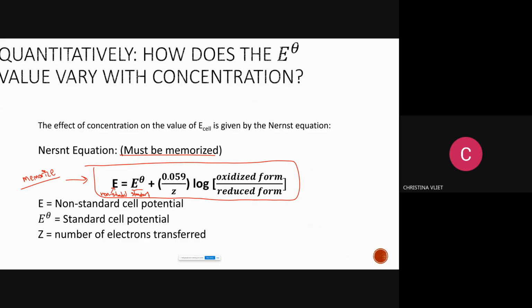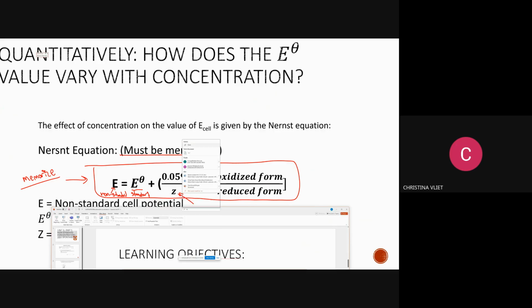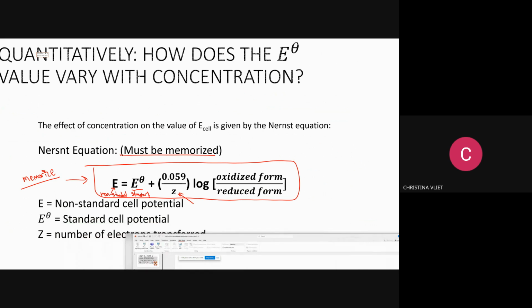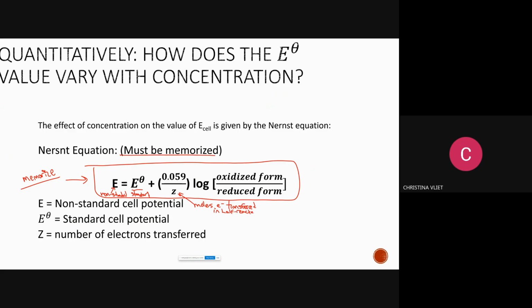Z stands for the amount of moles of electrons transferred in the half reaction. And then log of your oxidized form versus your reduced form.